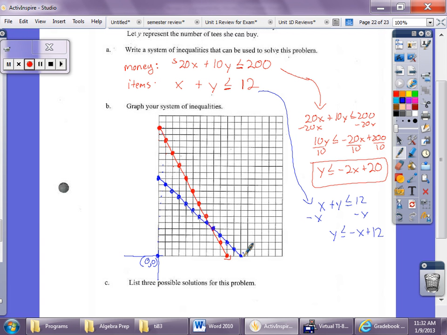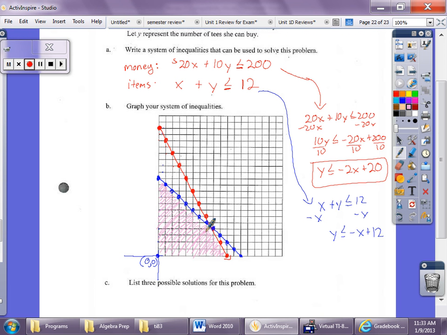And since it's less than and less than, our shaded region is going to be anything in here. So anything below both of these lines will be the double shaded.